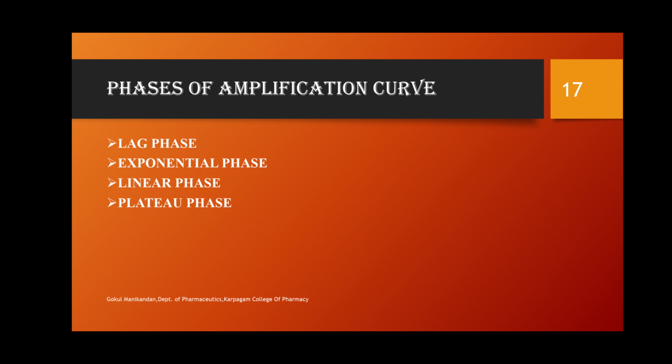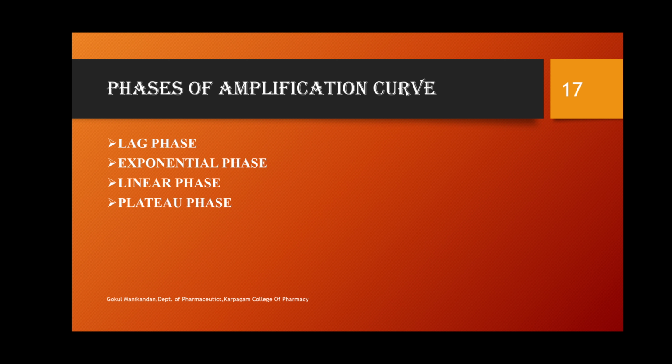The first one is the lag phase. During the lag phase, the amplification, of course, occurs, but the problem is the signal is not strong enough to be detected. The second one is the exponential phase. It is the phase in which it produces a detectable amount of fluorescent signal over the background.